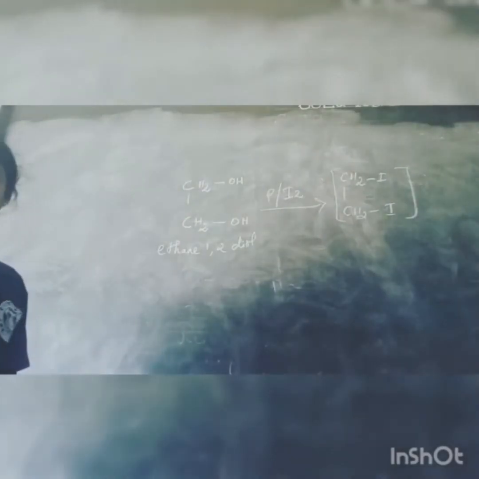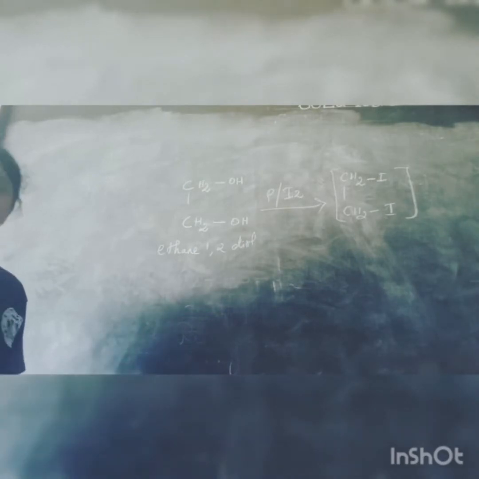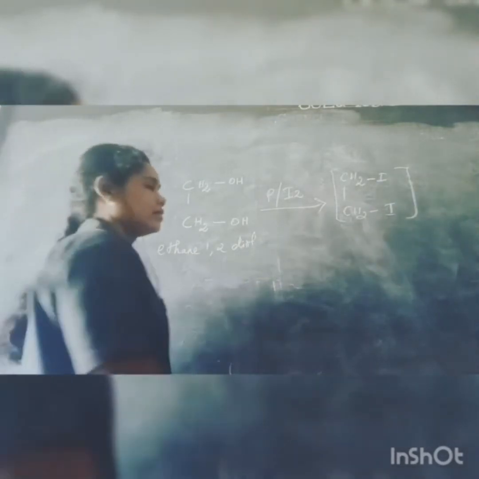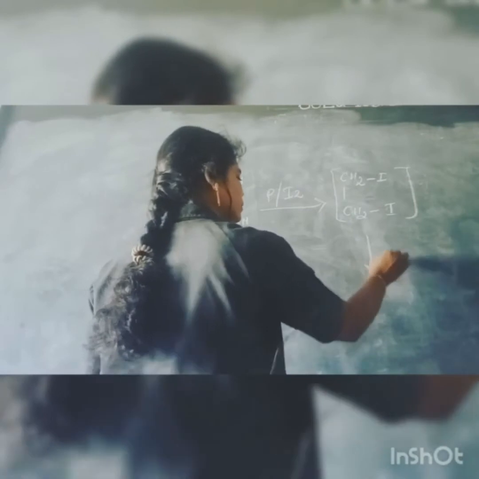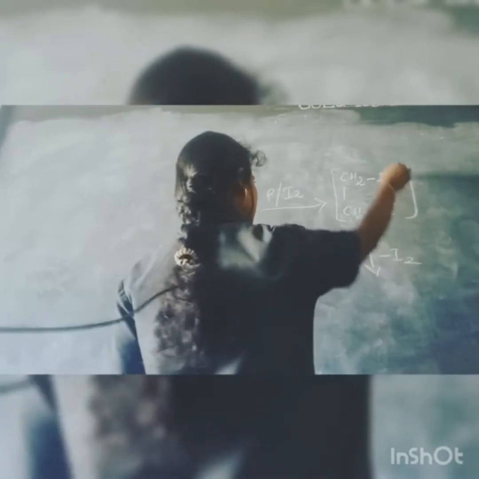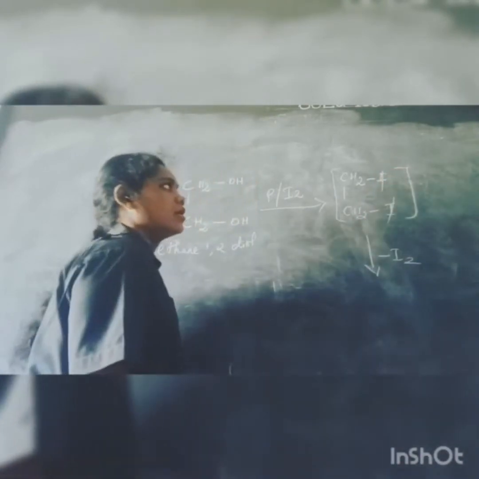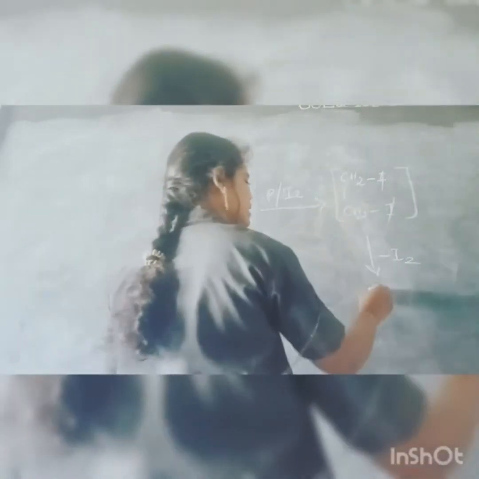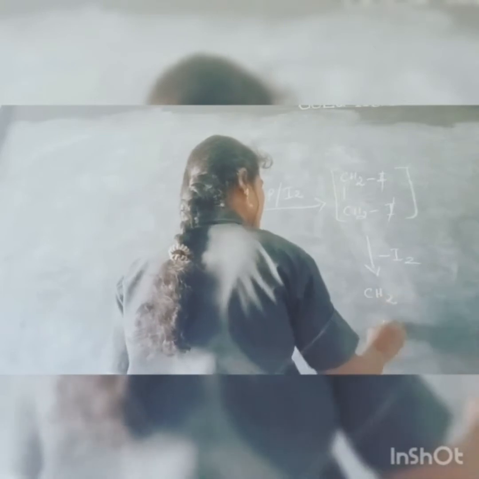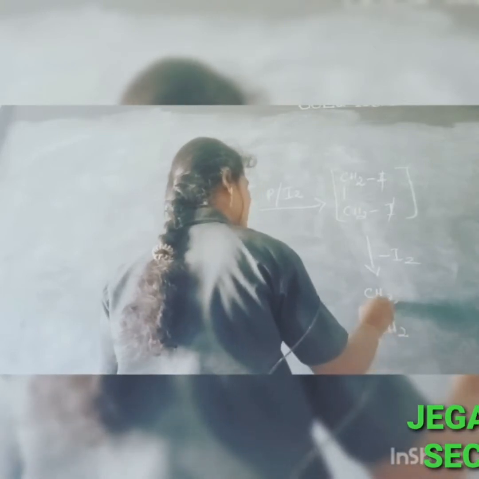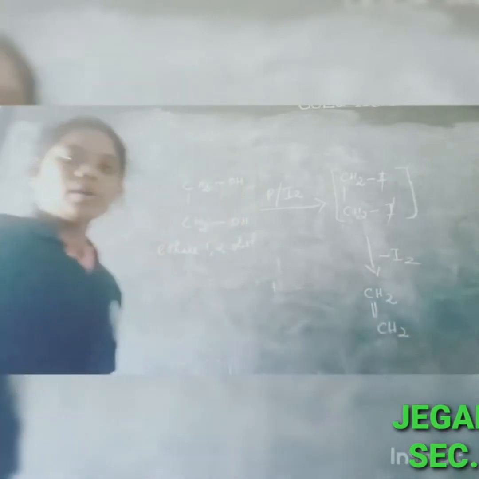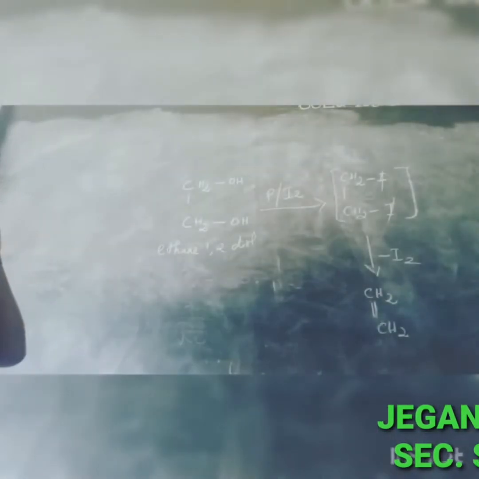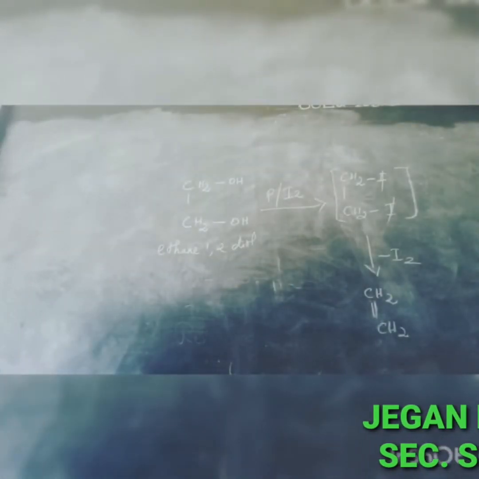So this is 1,2 diiodoethane. After that, iodine is removed, so these two iodines are removed. What is remaining? CH2 and CH2. Carbon valence is 4, so double bond, CH2=CH2. So that is ethene formed.